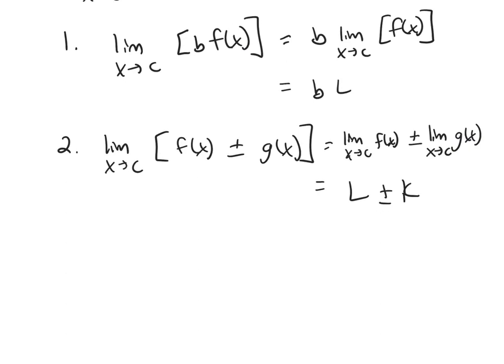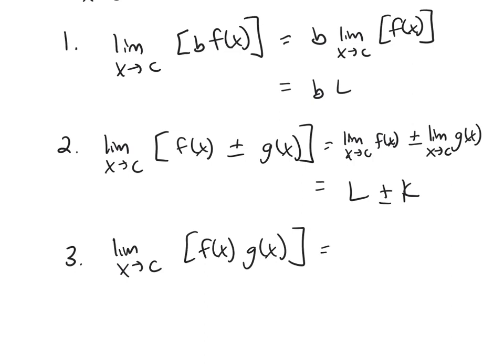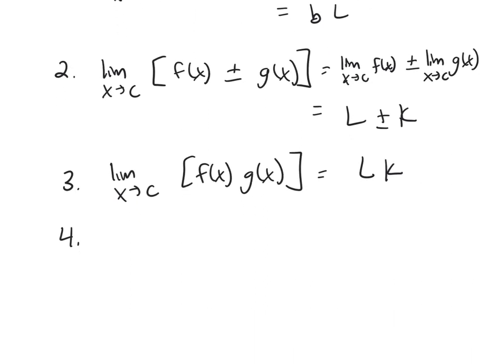The next property has to do with products. If I take the limit as x goes to c of f of x times g of x, I can split it up and it would end up being the same thing as L times k. The same thing with quotients, but there is one little caveat: when you divide, the one thing you can't divide by is 0.